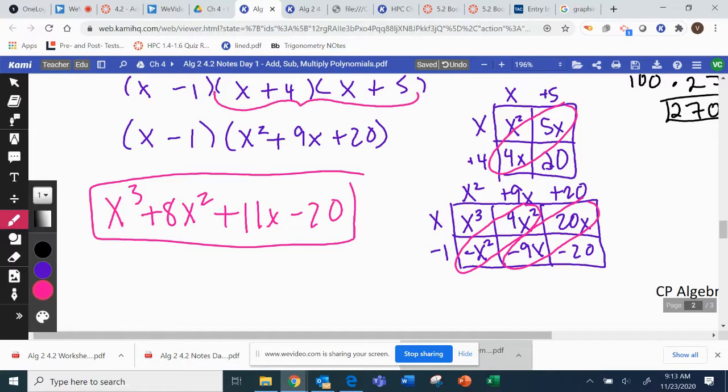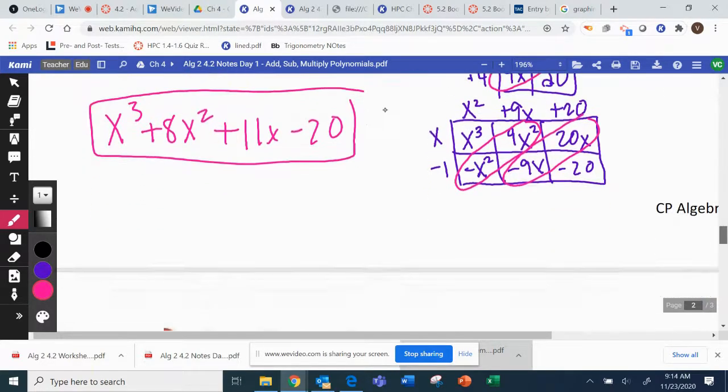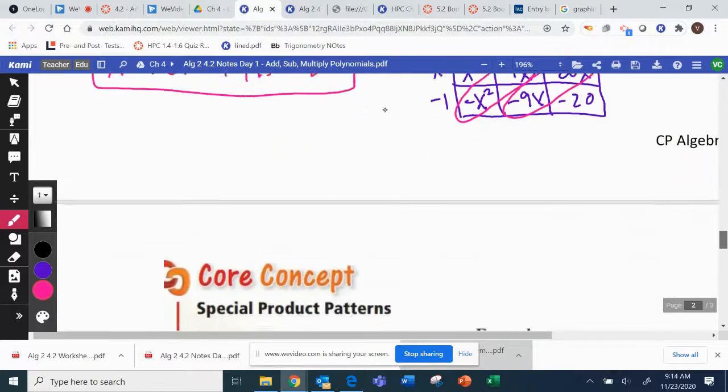Did you make a mistake? 20 minus 9? Would you put 9? Would you say? Oh, okay. So that's how you multiply 3 binomials.